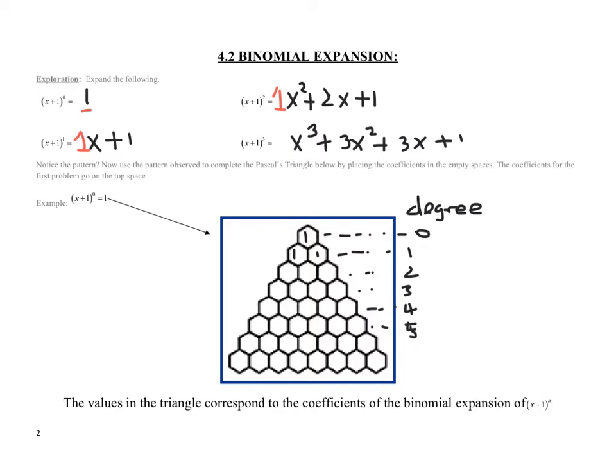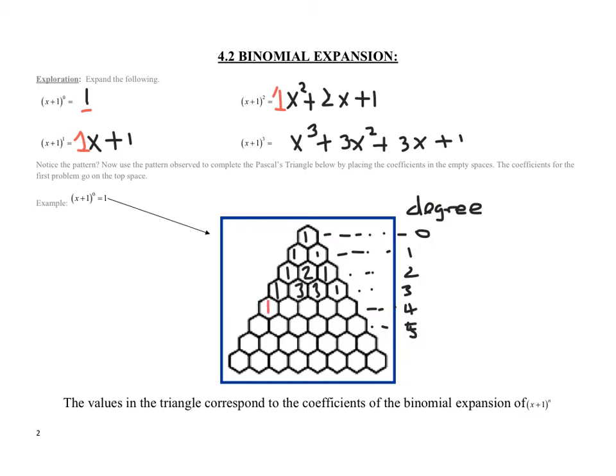So what will be the coefficients when the degree is 2? It can be 1, 2, 1. What about when the degree is 3? 1, 3, 3, 1. Now let me see whether I can see a pattern and be able to continue from here. See, this is 1. 1 plus 2 is 3. 2 plus 1 is 3.